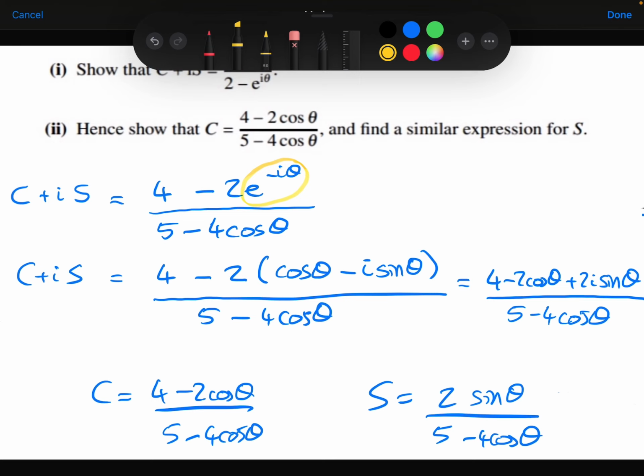So rewriting it as cos theta minus I sine theta. Minus here because the argument is negative. Expanding those brackets out then, we've got the minus 2 times the cos theta. And we've got the minus 2 times the minus I sine theta, which is positive 2I sine theta.